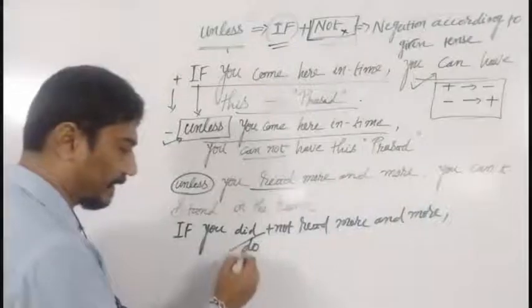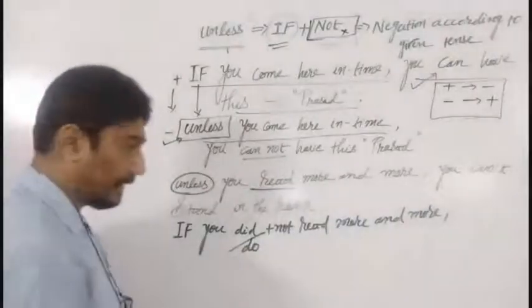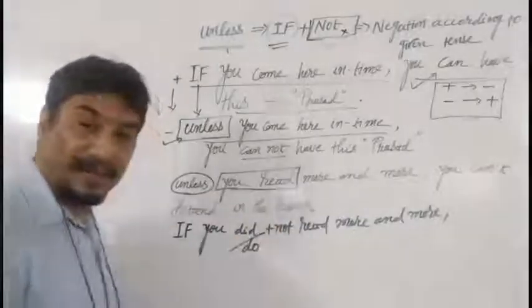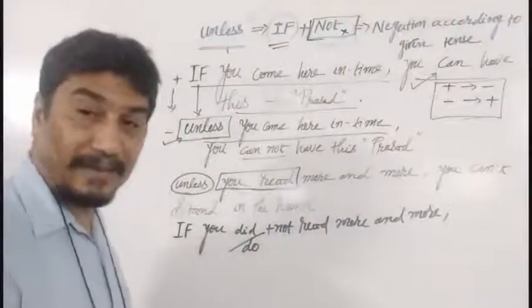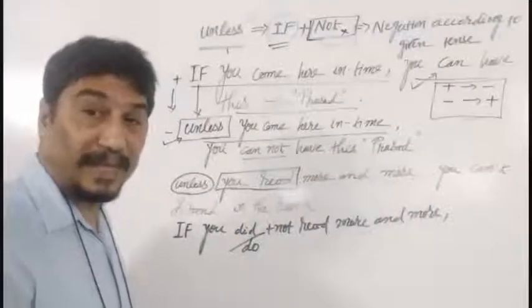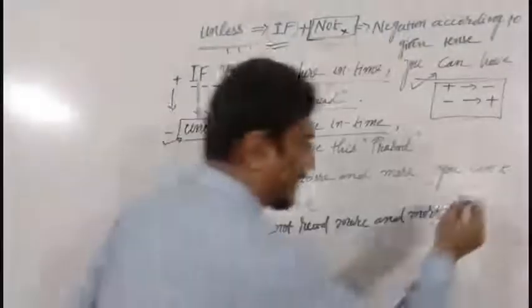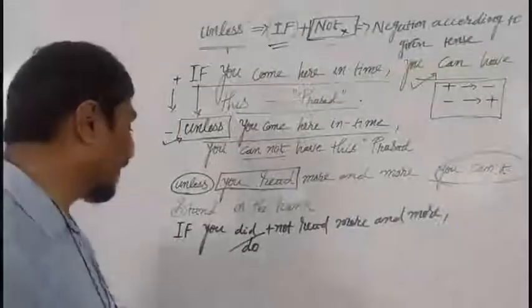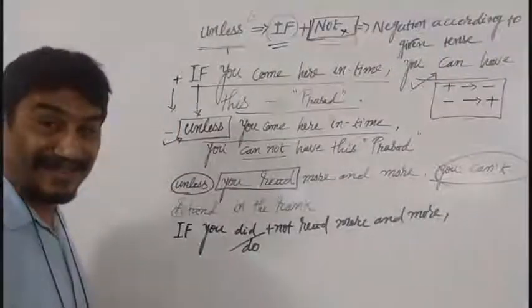Which one is correct? Did or do? Did would indicate the pronunciation can be past. Then what shall we do? Next to that, you will concentrate on what is given: you can't stand in the rank.